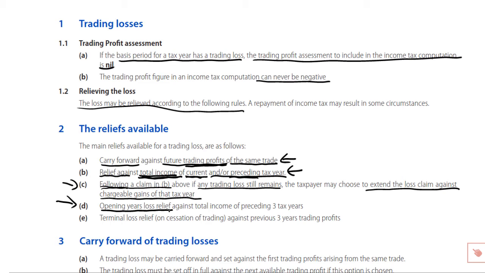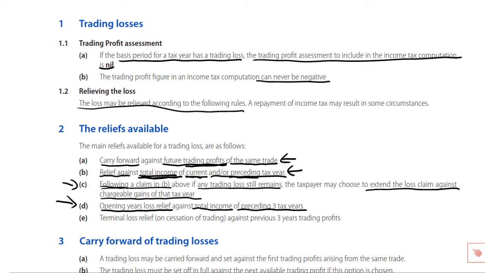It's in your detailed note later. But if you have such a loss in any of those first 4 tax years of trading, then this relief is a set-off again against total income, but this time not just of the preceding tax year, but of the preceding 3 tax years. Now there is an order of that relief and we'll show that in the specialist note.